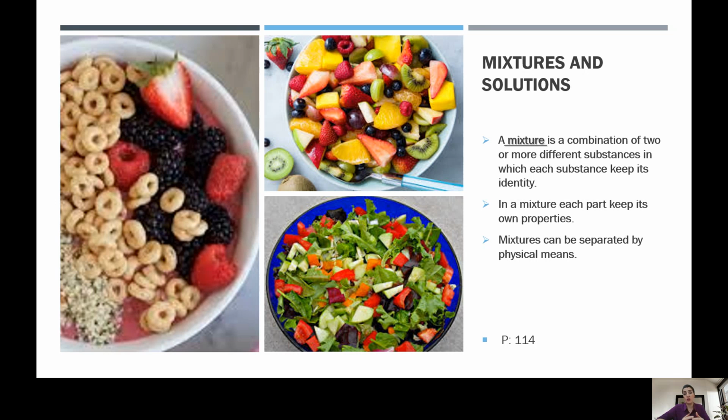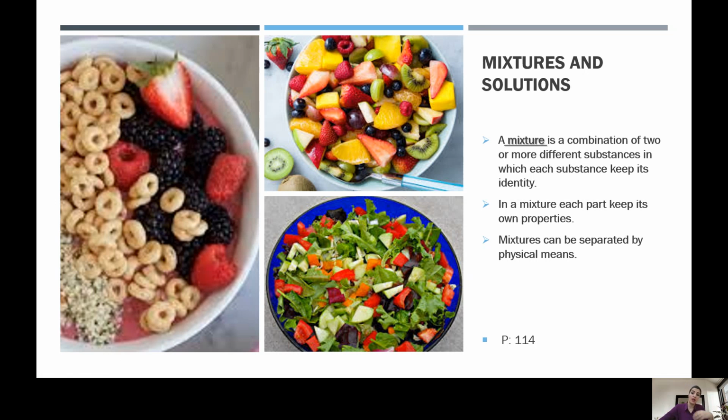When I want to define a mixture, it is a combination of two or more different substances where each substance keeps its identity. When I say identity, this means it does not change. For example, if I add strawberry to my fruit salad, the strawberry is still there. It is only being mixed with other fruits.